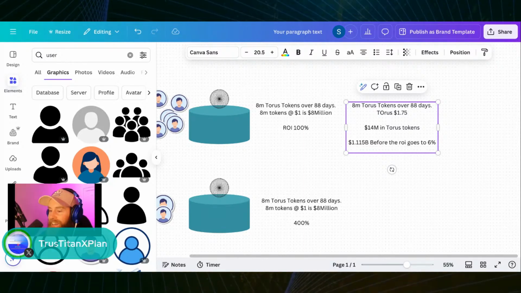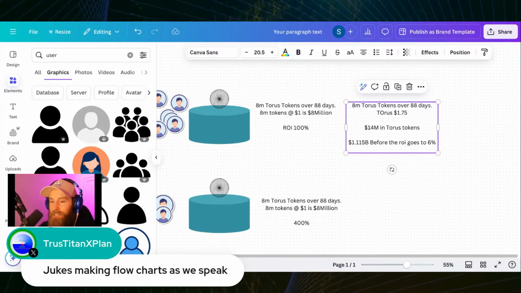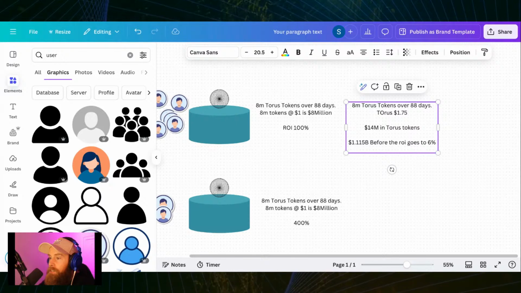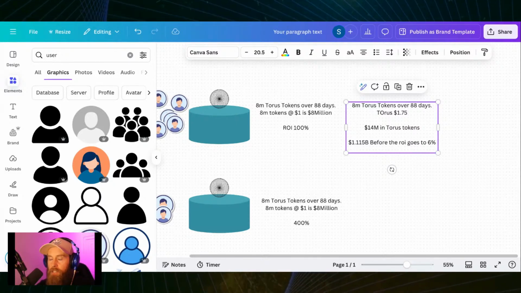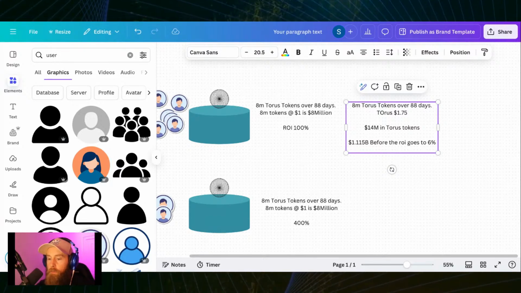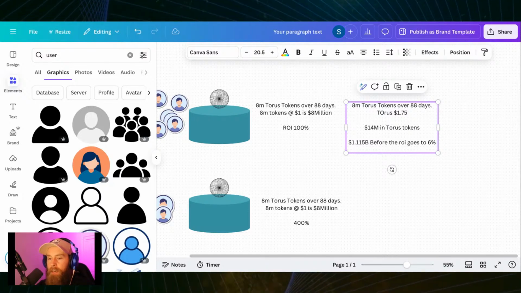Juke's making flowcharts as we speak. Actually, I do have a Lucid diagram here that I can show you. I have to adjust it because of the X28 stuff that I haven't updated on this, but you will get the idea. Let me find this tab and get it open.